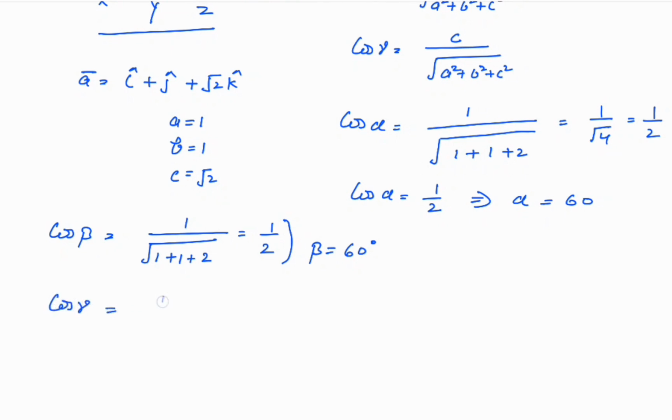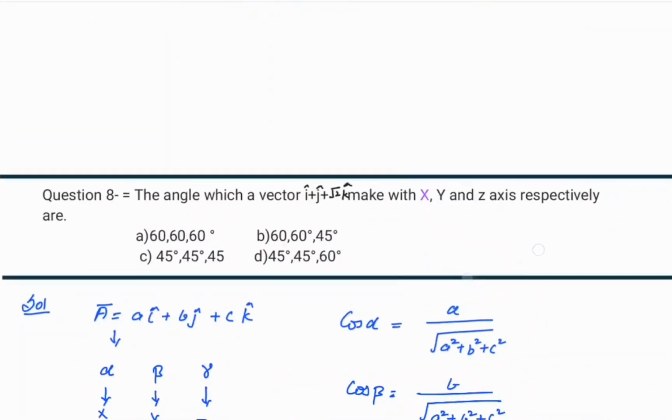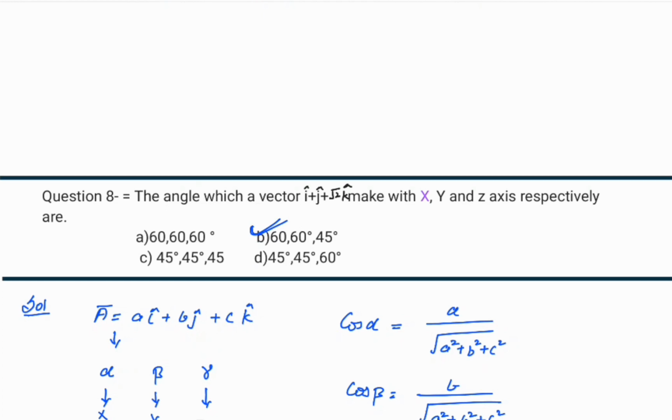Cos gamma is equal to root 2 divided by 2, which is equal to 1 upon root 2. It means gamma is equal to 45 degrees, because cos 45 is equal to 1 upon root 2. Now you have the values of alpha, beta and gamma. Which option is right? Option B is the right answer.